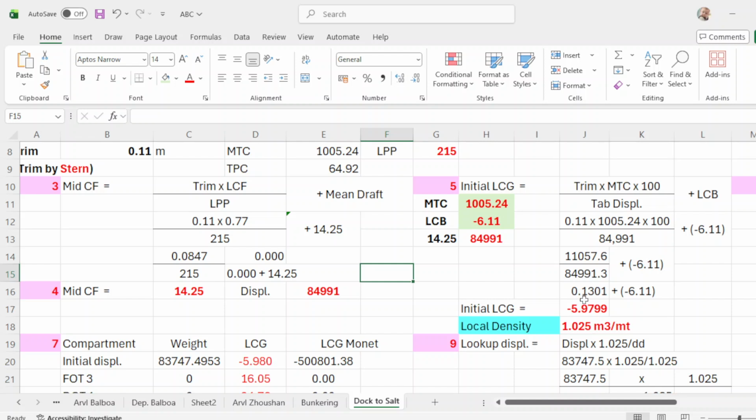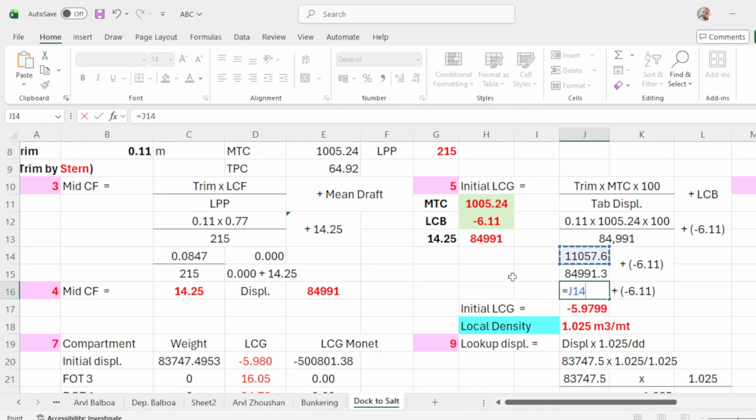Divide this one, put equals, click this one over or divide by this one, that will be 0.1301 plus your LCB of negative 6.11, and that will be initial LCG is negative 597.99.